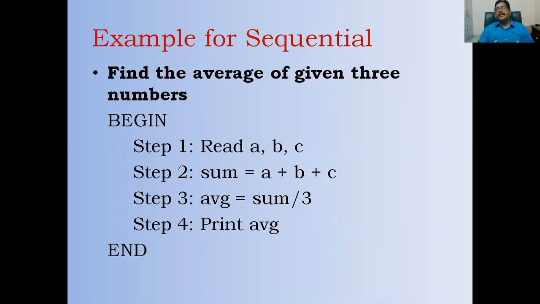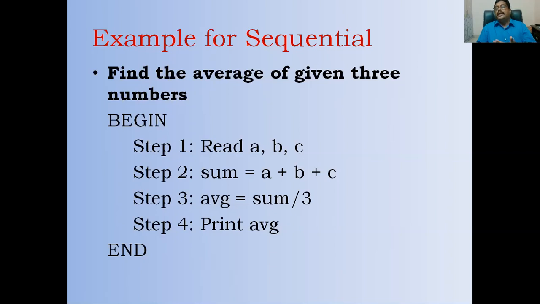While writing the algorithm, the first statement we specify is begin. From there onwards, it is the beginning of that particular algorithm. In the first statement, we specify the three numbers for which we want to calculate the average.